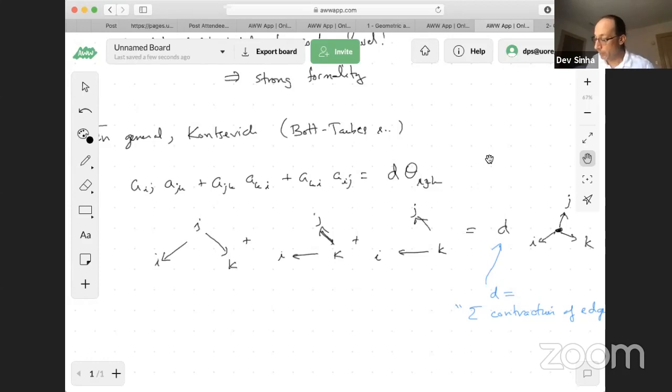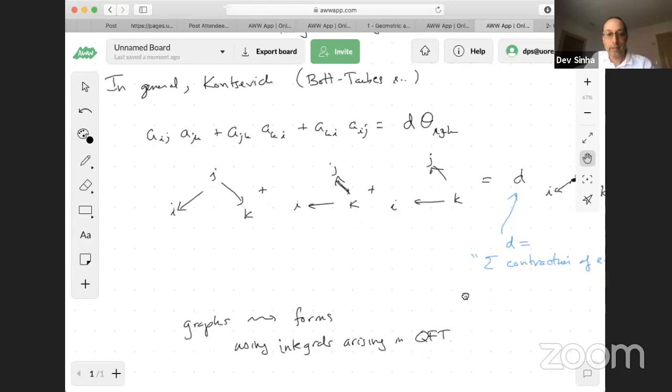So you go from graphs to forms using integrals arising in quantum field theory, sort of Feynman diagram kind of integrals. So it's a remarkable story.